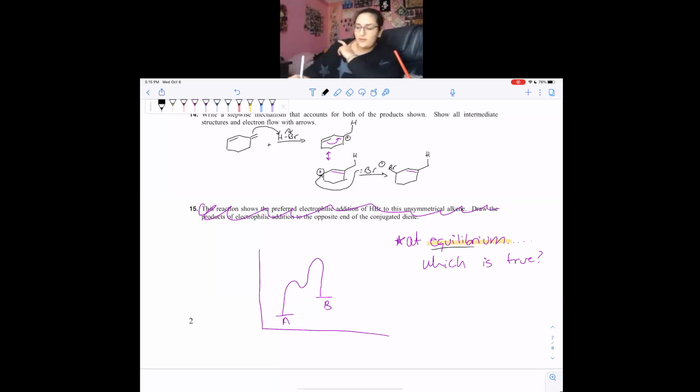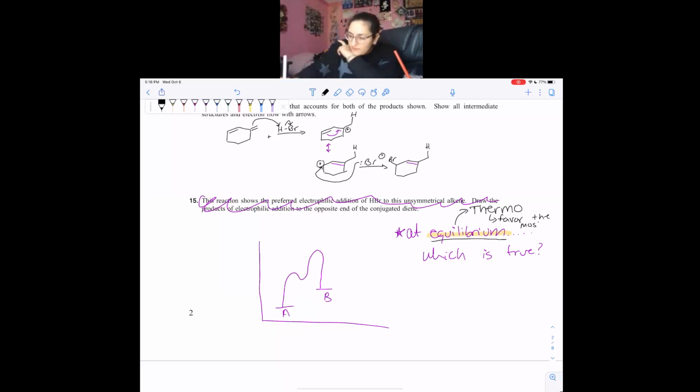Yes, so equilibrium tells us that it is under thermo control. And to go even further with that, it means that we favor the most stable product, because we know the thermodynamic product is the one that has the most stable double bond, right?